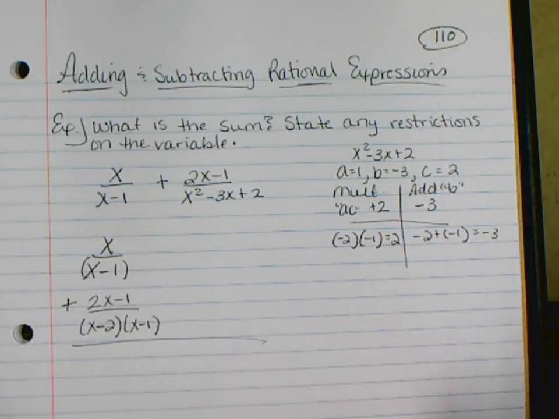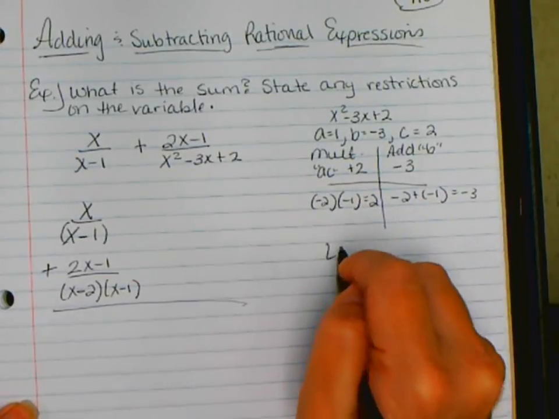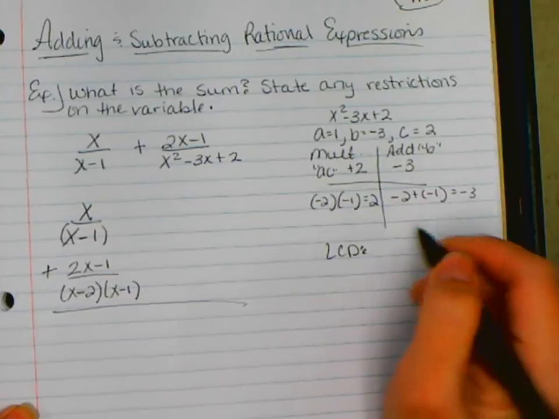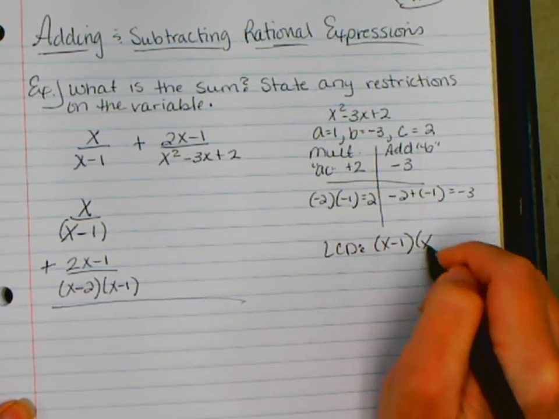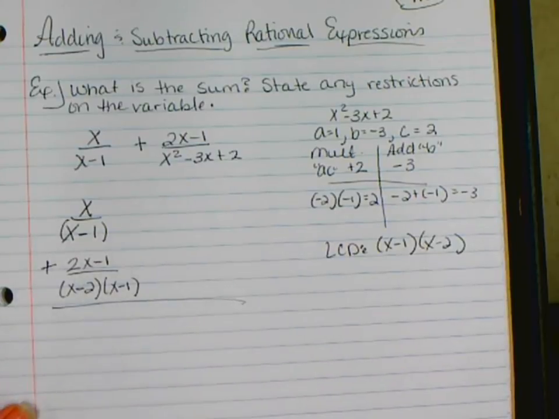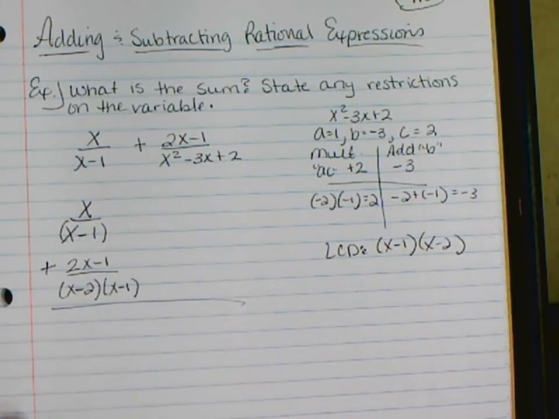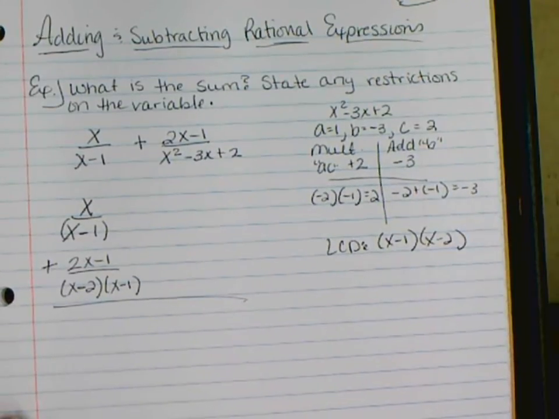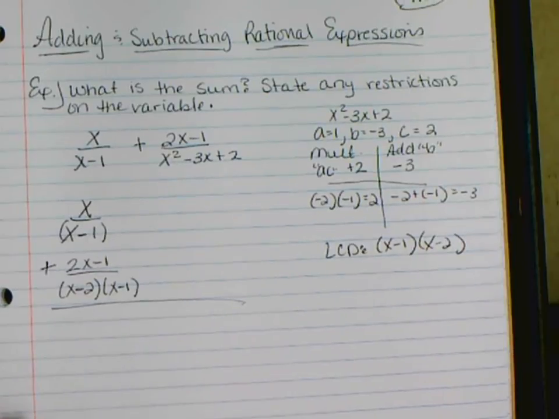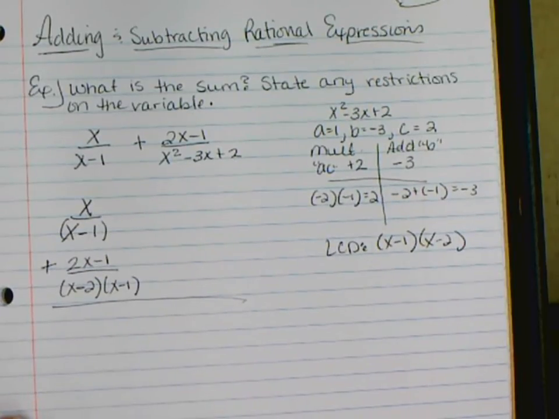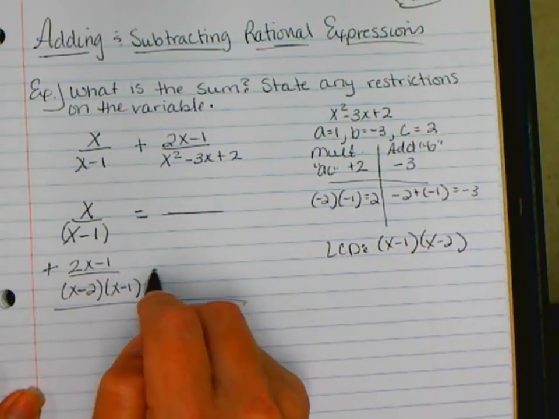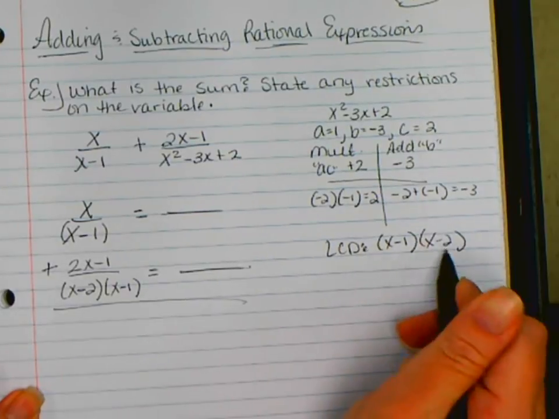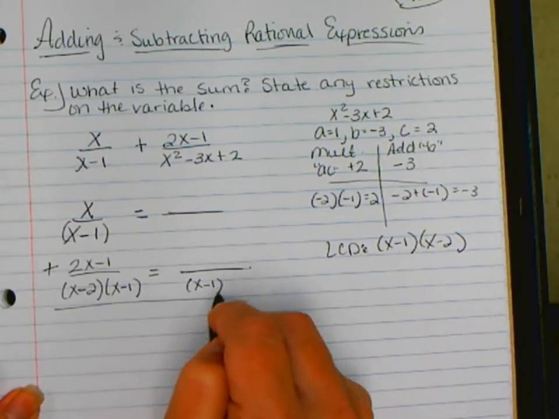Okay, so for my least common denominator, I'm going to need an x minus 1 and an x minus 2. I've got two x minus 1s. You don't need to repeat them, because that'll be a common denominator. It just won't be the least common denominator. You'll just be causing yourself more work. Okay? So just like when you add regular fractions, we need equivalent fractions with a common denominator.